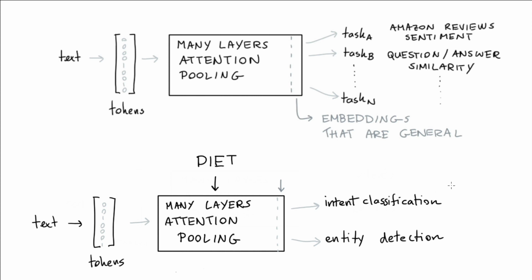Instead, we only care about the performance on these two tasks. Note that this is inherently different than in the use case that we have above. Here we attach many different tasks because the final output of this system is this set of embeddings. But if we really only care about these intents and entities, then suddenly this representation at the end just doesn't become that interesting anymore. It's not a tool that will help us in our task.